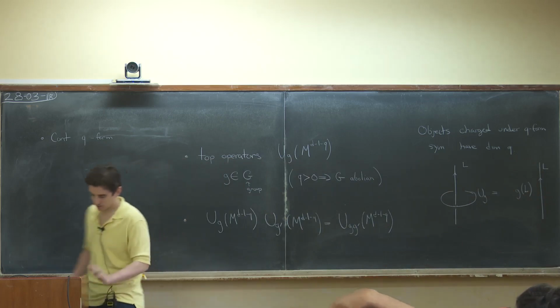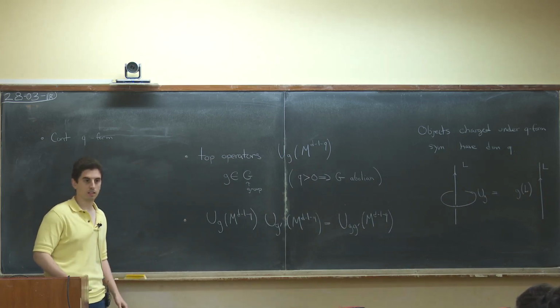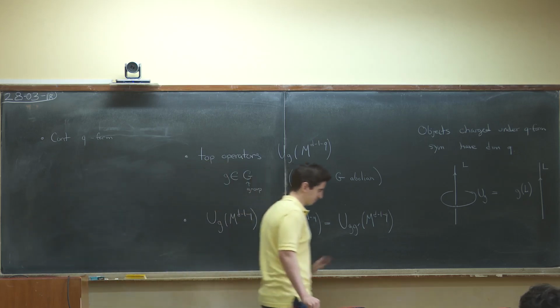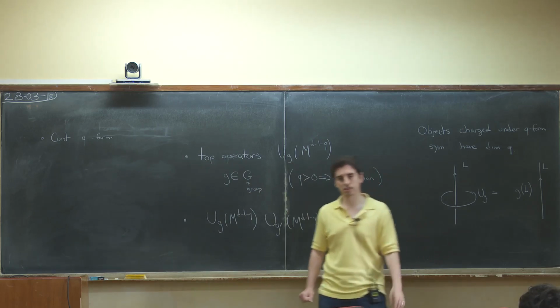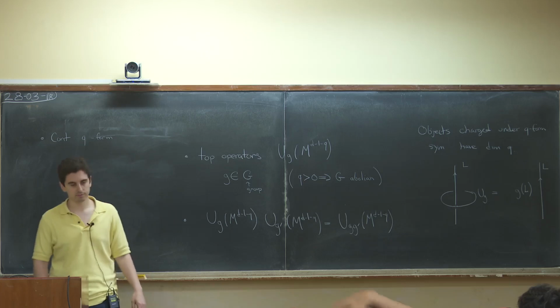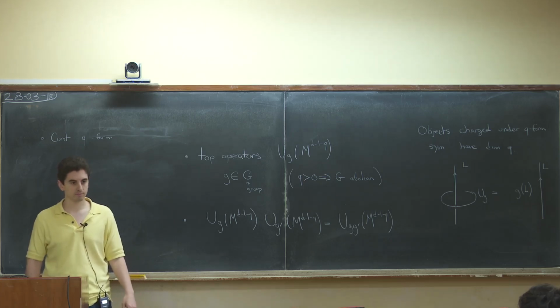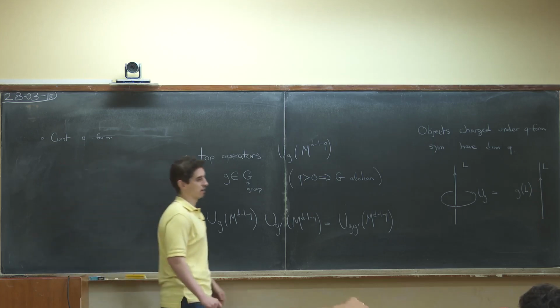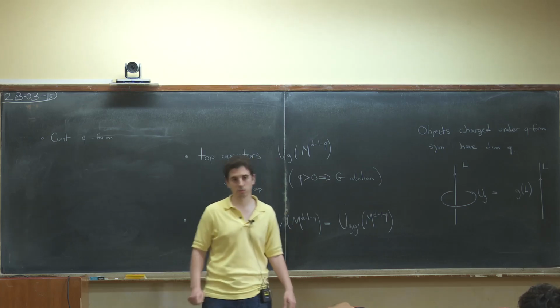Isn't there something called the Reeh-Schlieder theorem? The Reeh-Schlieder theorem. That's not directly related to this. I mean, it has some bearing, but that essentially says that on a flat space you can create any state that you want by local operators, if you assume that the entire Hilbert space is created by local operators.